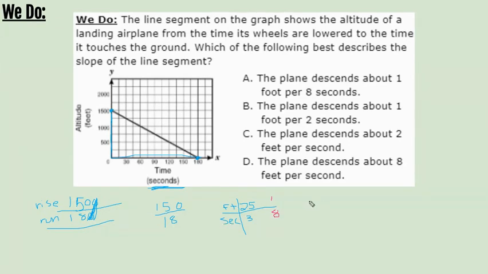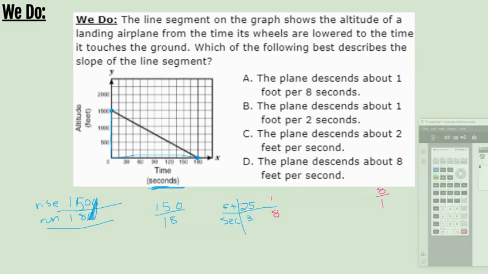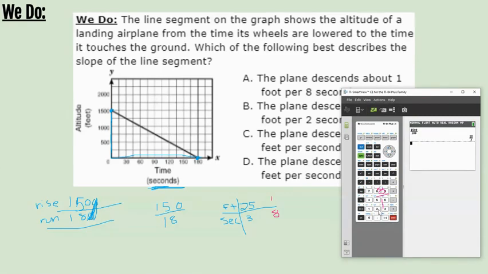And right off the bat, I can tell that's not going to work because it's descending at a rate of 25 feet in 3 seconds. If I wanted to do this even further, it's going to be about 8 in 1 second. And the reason why I can determine that is if I did 25 divided by 3, it's around 8.